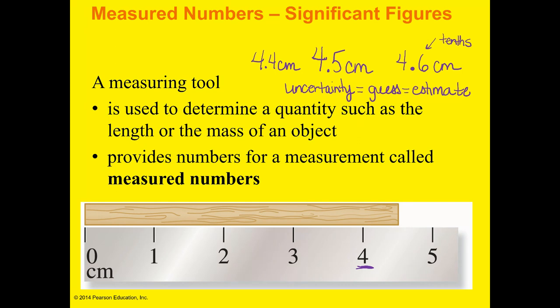And the guess or the estimate is important here because there's always going to be uncertainty in a measurement, because you have the markings, but then you're allowed one more guess, 1 digit beyond that. And what this means is that we would expect among a series of people using this ruler to record measurements that there'd be this natural fluctuation somewhere in between 4.4 and 4.6.